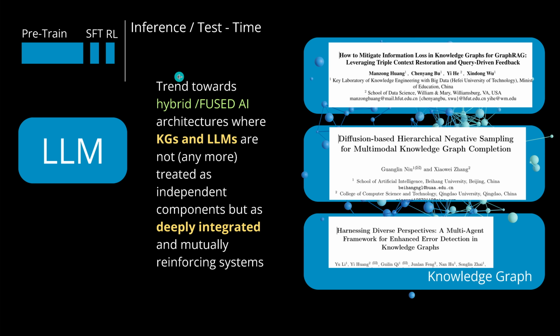There is this trend that I noticed today towards this hybrid or fused AI architecture, where our knowledge graph and our LLMs are not anymore treated as independent components, but are now deeply integrated and are really a mutually reinforcing system. The LLM helps to build a better knowledge graph, and the knowledge graph helps the LLM in the reasoning, and then even in the fine-tuning of the LLM.